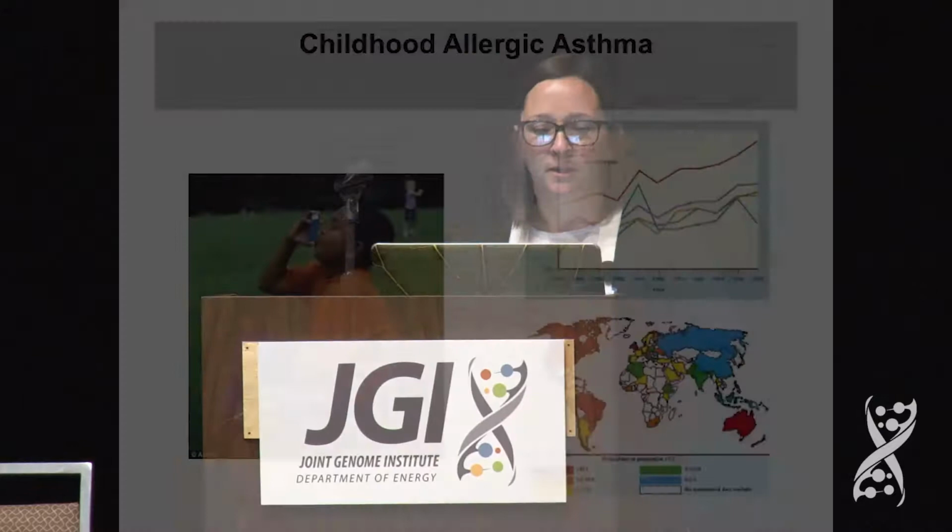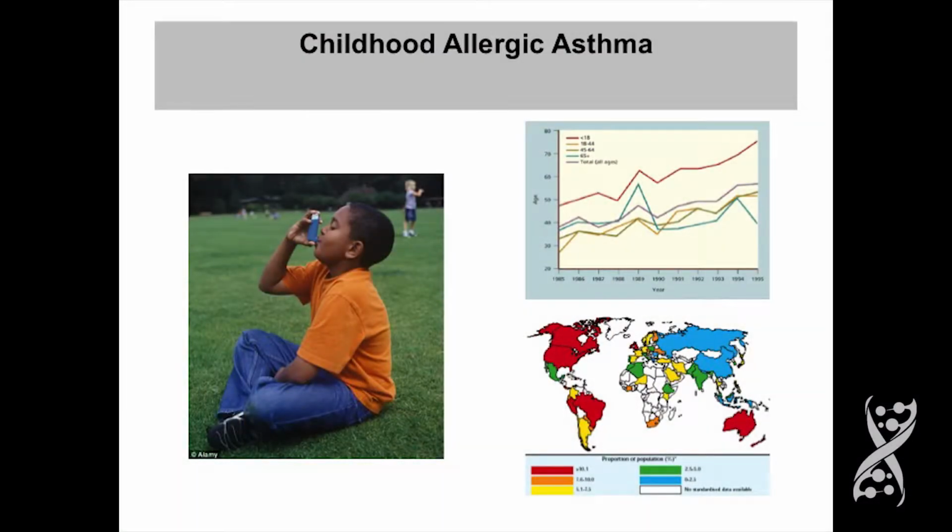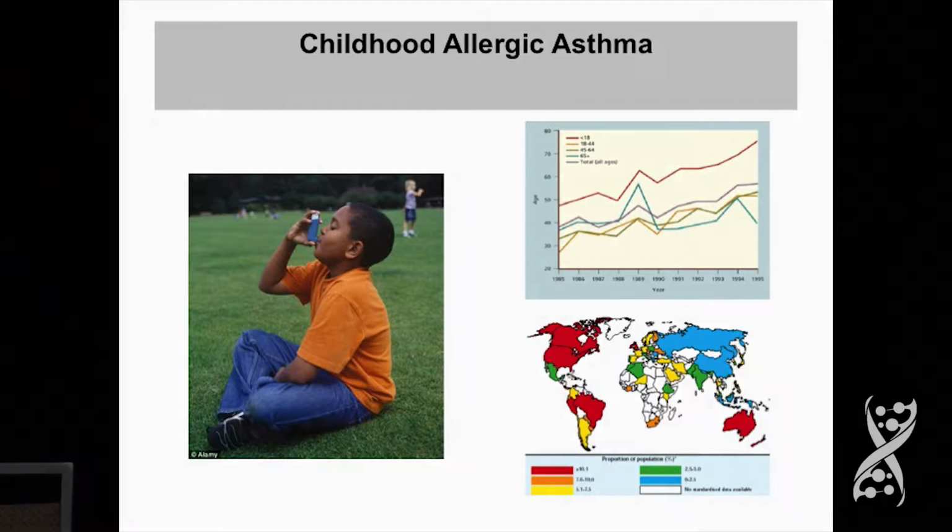And so childhood allergic asthma is really the poster child for a disease that is influenced by the environment. The dramatic increase in prevalence shown here in the red line in this plot is in children over the last several decades. And you can see that it has really accelerated in prevalence over just a few short years.